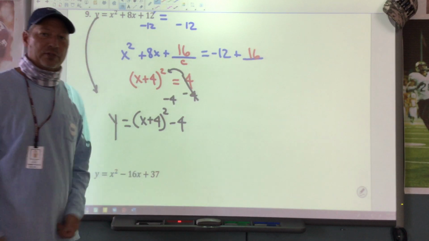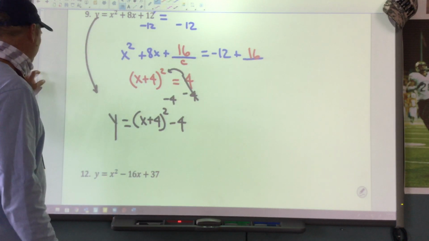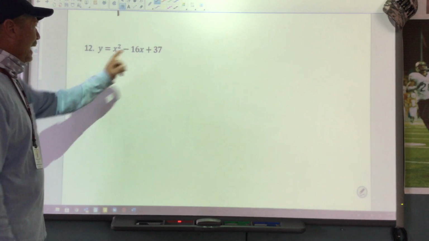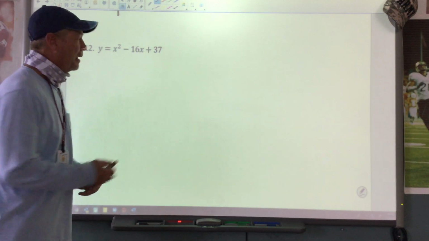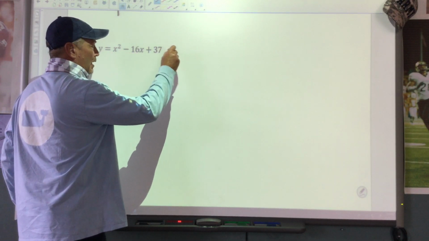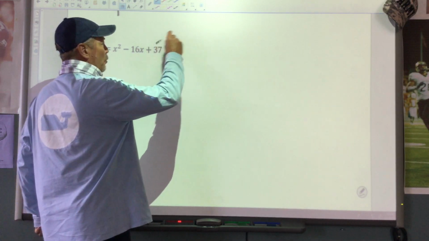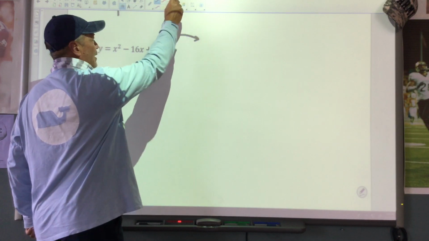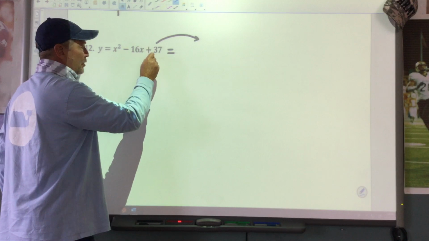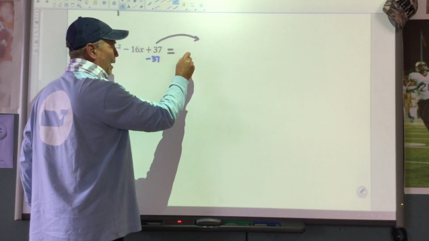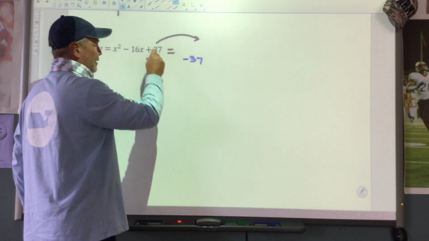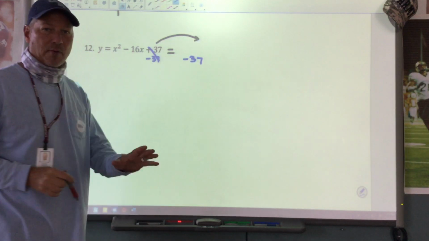Let's try another one so you can see what's going on. I need to create a blank. I'm going to put an equal sign and I'm going to move the 37 to the other side. I'm going to go minus 37, minus 37. This is gone. I will have a blank there now.